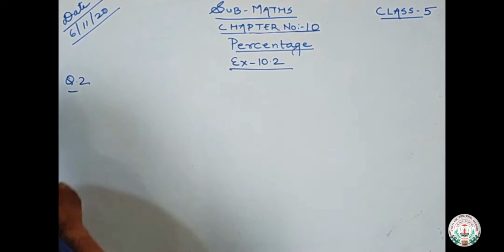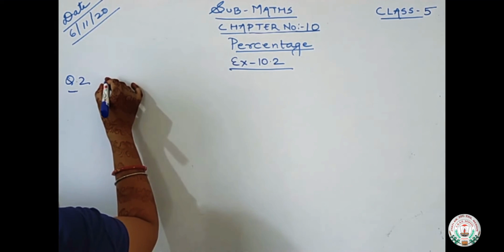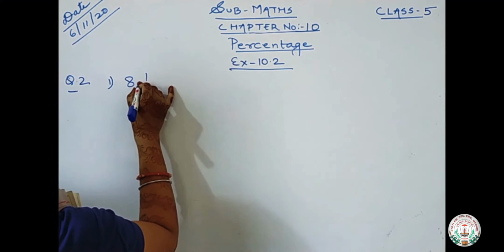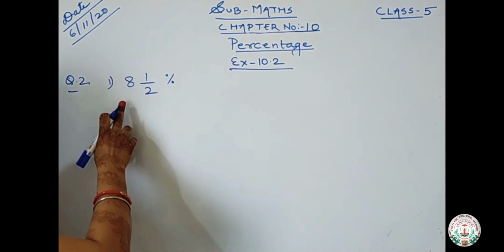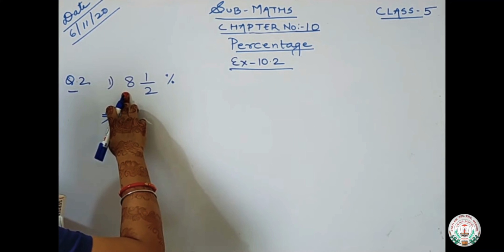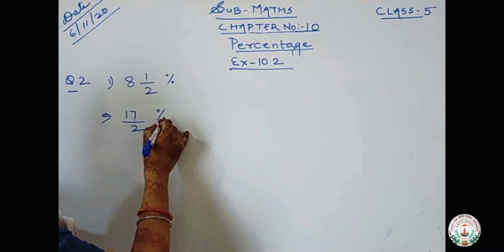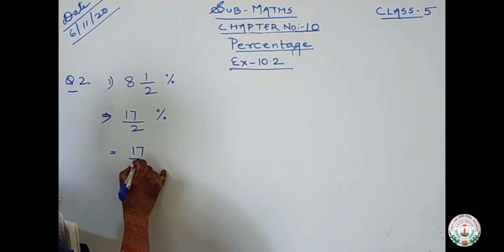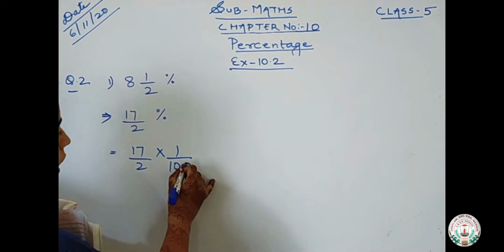Question number 2. Number 1 is 8 1 by 2%. Here first we will convert the mixed fraction into the proper or improper fraction. 8 2s are 16, 16 plus 1 is 17 by 2%. Now 17 by 2, in place of percentage what we are writing? 1 upon 100.